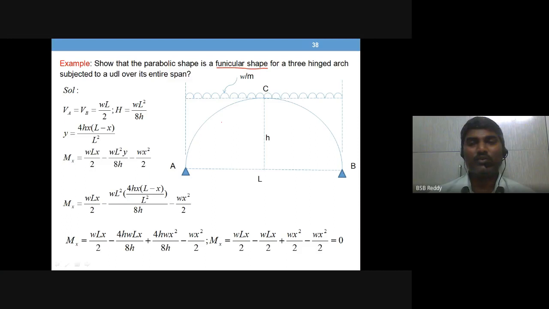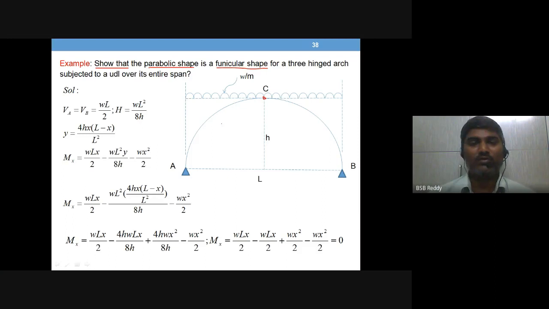So in short, mathematically, if you calculate bending moment anywhere in the arch, the value should be 0. That you have to prove now, because it says show that the parabolic shape for the three hinged arch given. There is one more hinge that you find at C. So that you have to prove it.